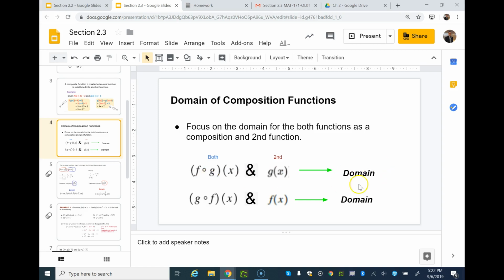Both of these together create the domain of f of g. Same thing for g of f. The second one is the inside function. Find the domain of the composite after doing the substitution, and then we have to find the domain of f of x. Then we put them together, and that creates the domain.